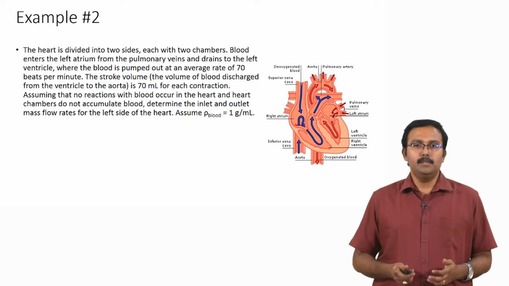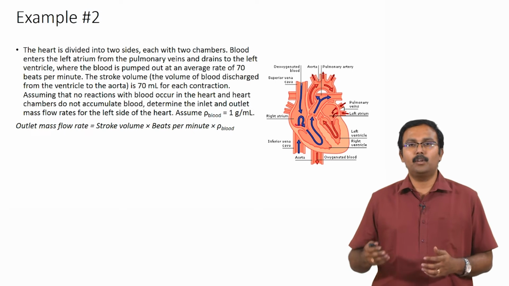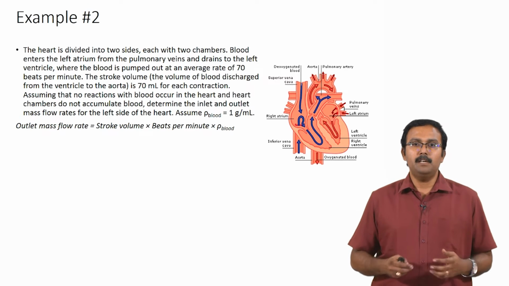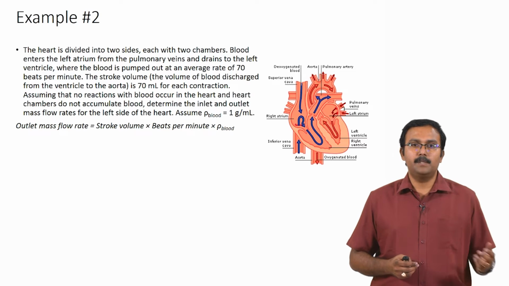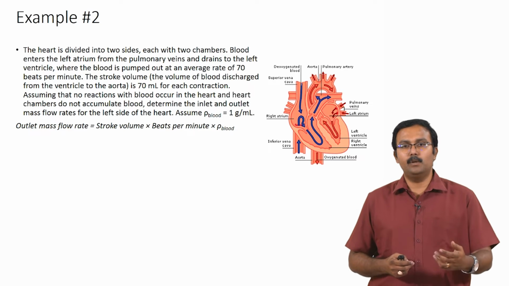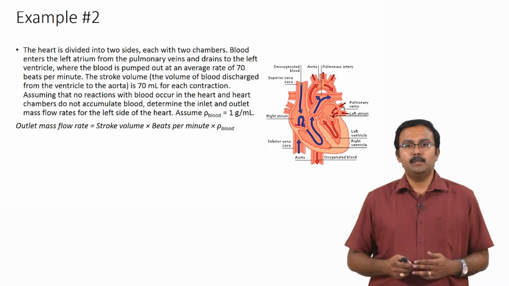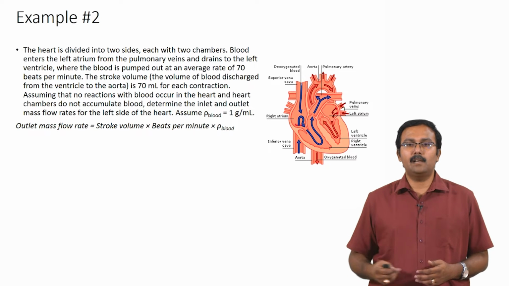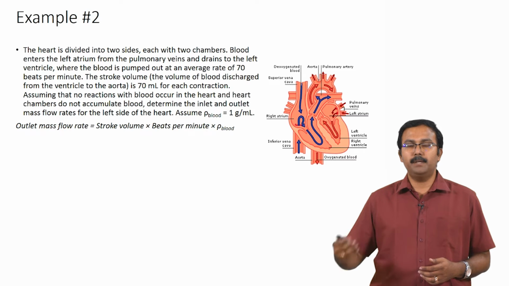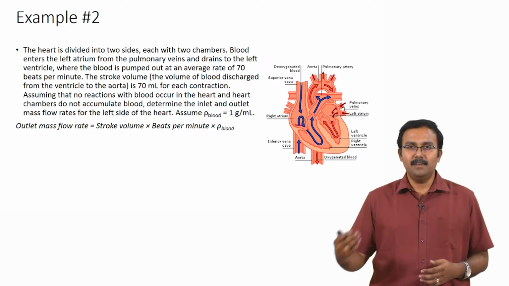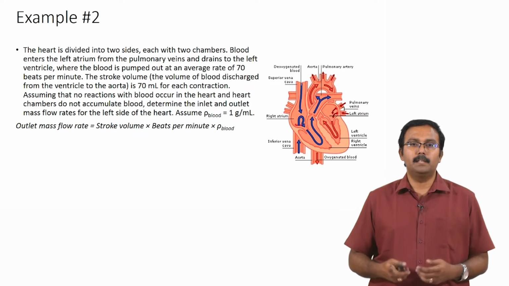So, using this we can calculate the mass flow rate for the outlet stream. It has been told that the stroke volume, which is the volume of blood which is discharged from the ventricle to the aorta, is 70 ml per beat. So, using this we can calculate the volume of blood which is pumped out per minute and then convert this volume to the mass of blood which is pumped out from the heart per minute.